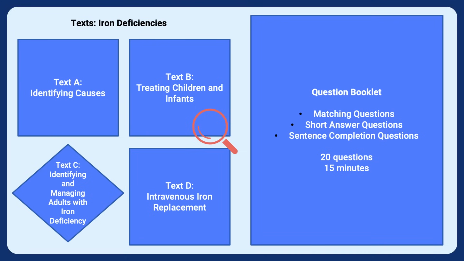The first series of questions are called matching questions and will ask you in which text can you find information about blah, blah, blah. And all you need to do is write down A, B, C, or D onto the answer sheet. Then you'll receive short answer and sentence completion questions.